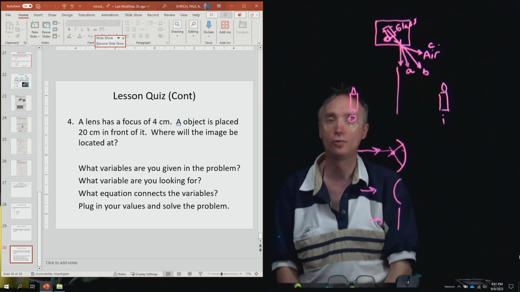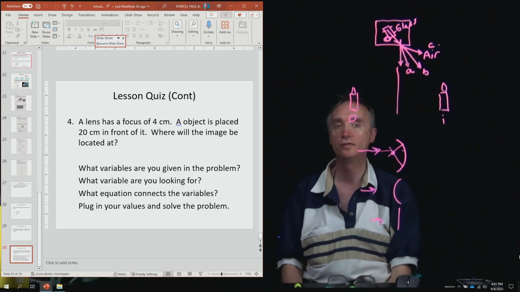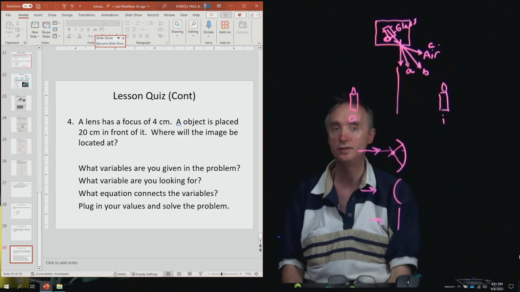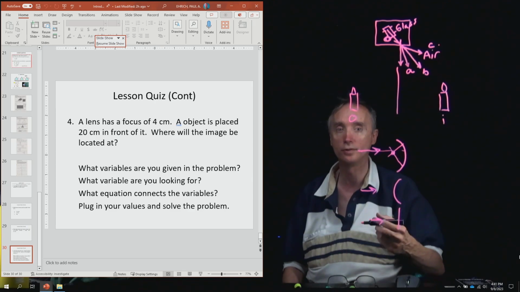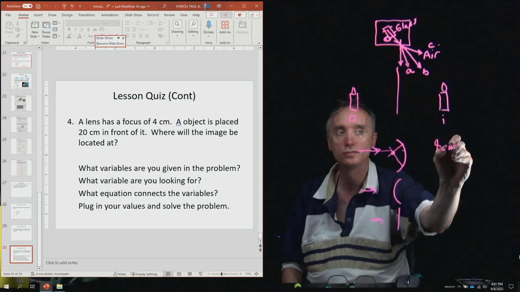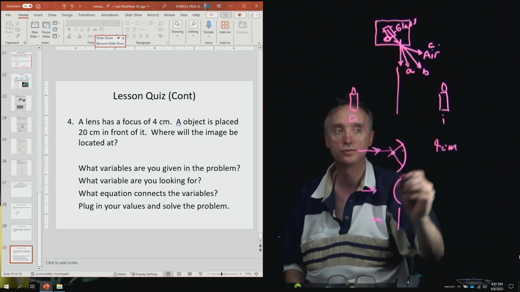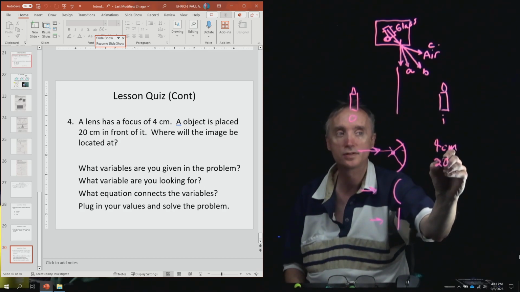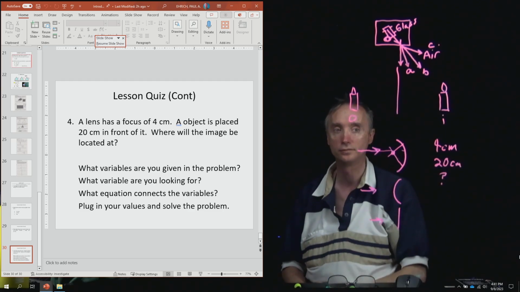Okay, question number 4. You have a lens. It has a focus of 4 centimeters. An object is placed 20 centimeters in front of it. Where will the image be located? What variables are you given in the problem? We're given 4 centimeters and 20 centimeters, and we're looking for something.